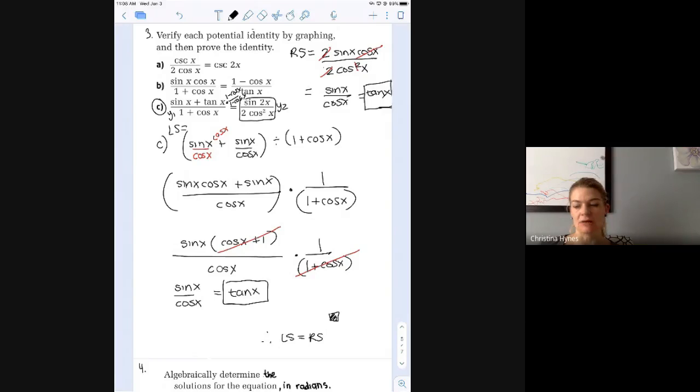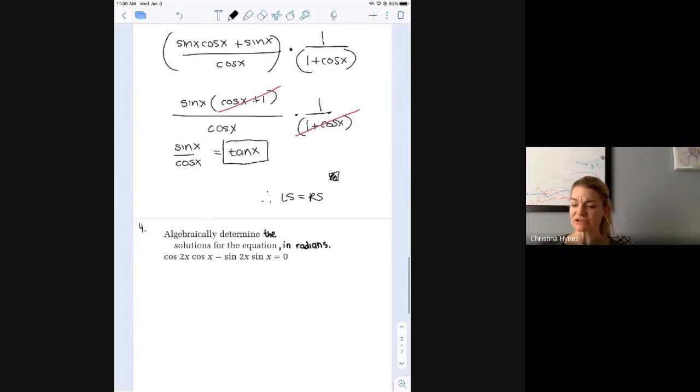Counting the rows, it's 11 rows of work versus only 4 rows here. So it does make a difference which version you pick. If it starts to get too long, you might want to revise, because sometimes people get stuck with these kinds of proofs. So that's question number 3.